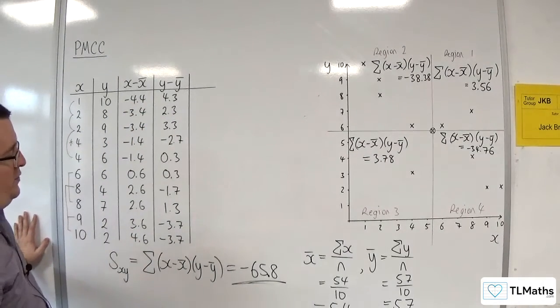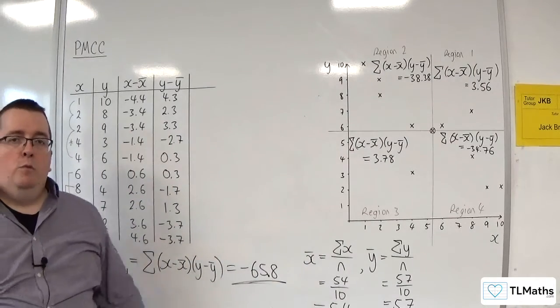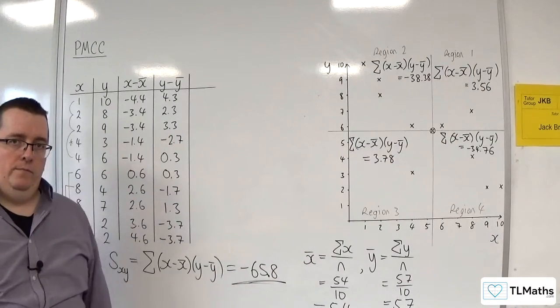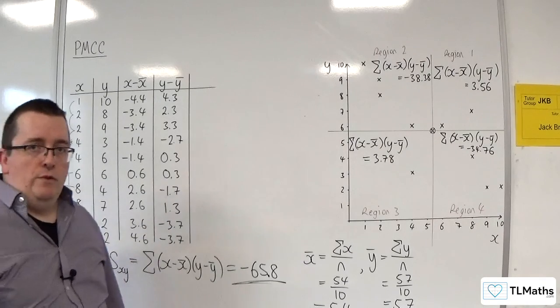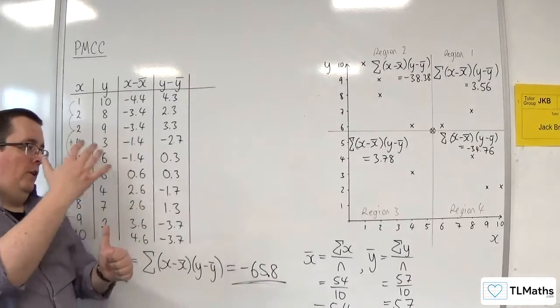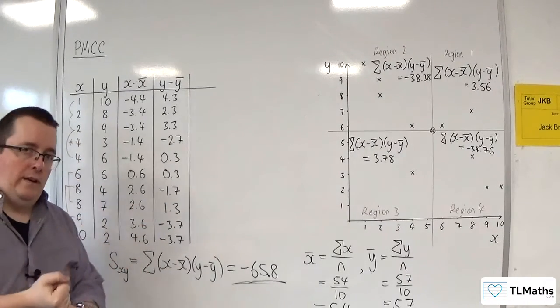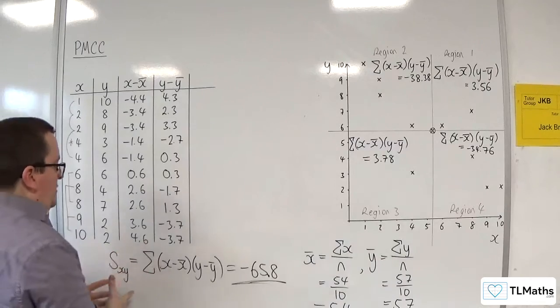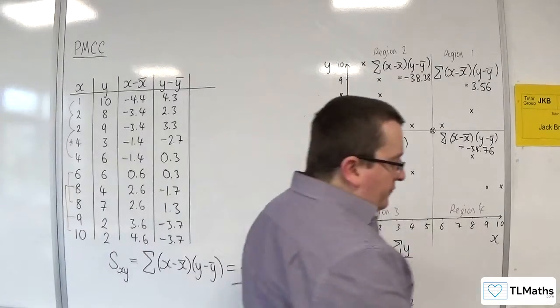And when I multiply those numbers together, this value, when I've added them all together, will be much, much larger. But that hasn't changed how spread out the data is. So it doesn't take account of the number of bits of data, or the spread, or units. So this isn't good enough as a measure of correlation.